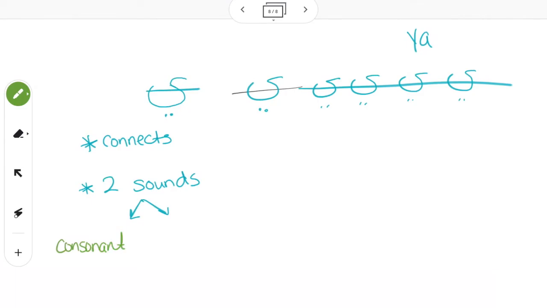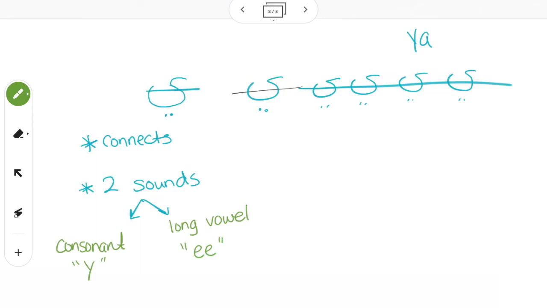The first one is its consonant sound. When it's making its own sound, it's the Y sound, ya. Same thing, it's the beginning of the word or the beginning of the syllable. And the second sound is when it's a long vowel. When it's a long vowel, it's elongating another consonant. So it's taking the sound of a consonant and elongating it.